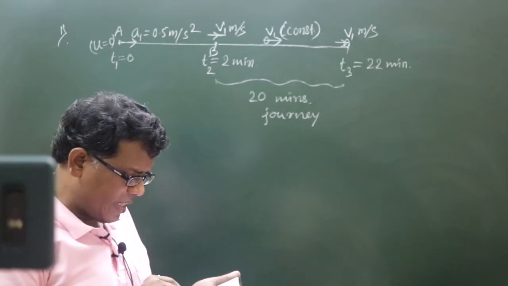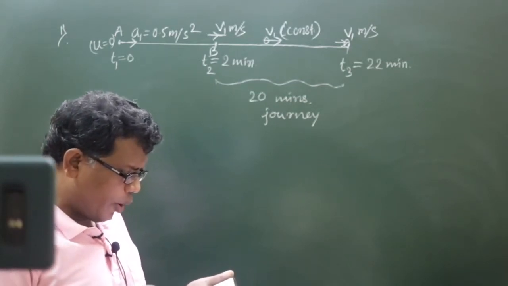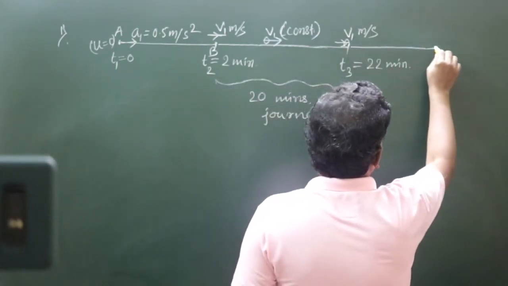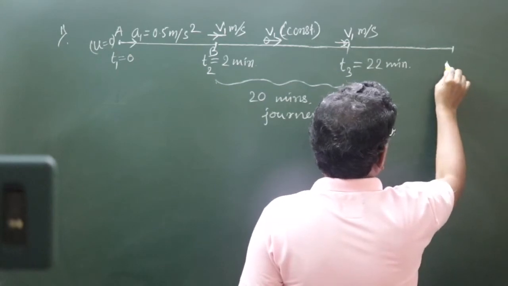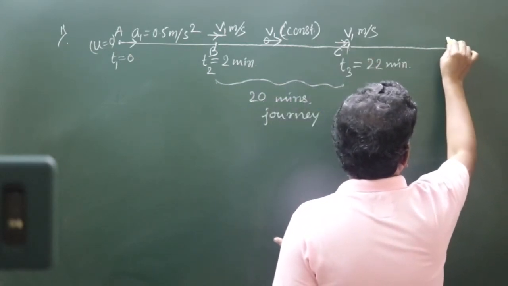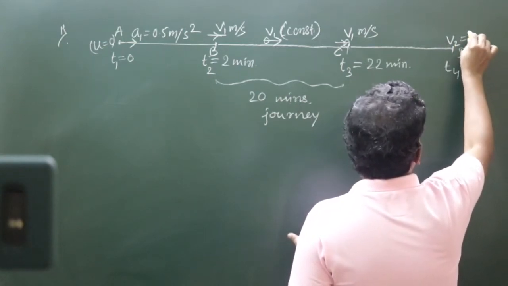And then finally, it retards uniformly at the rate of 0.25 meter per second square. After that its velocity keeps on decreasing, and at some instant, let this point be C and the final position be D, it again finally comes to rest.